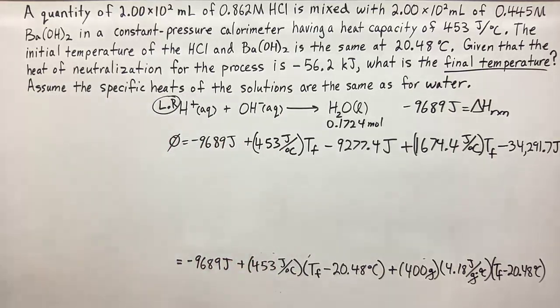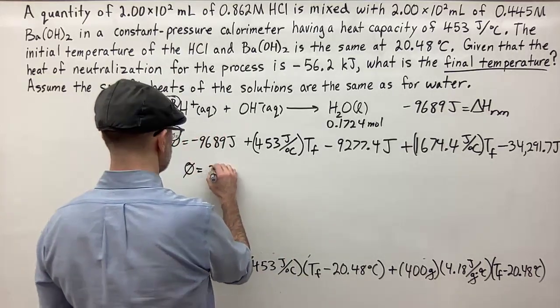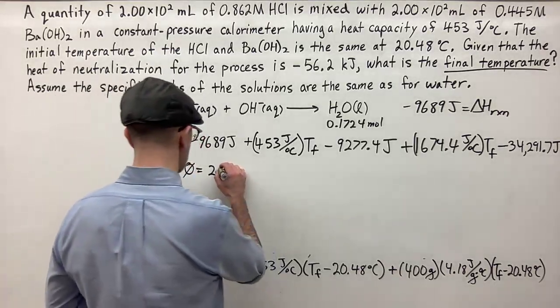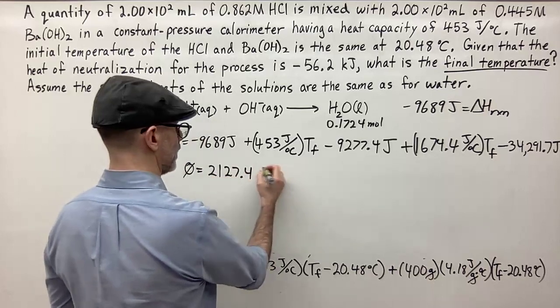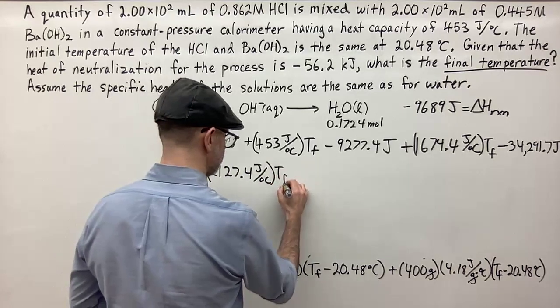I get 2127.4, and it's again joules per degree Celsius multiplied by TF.